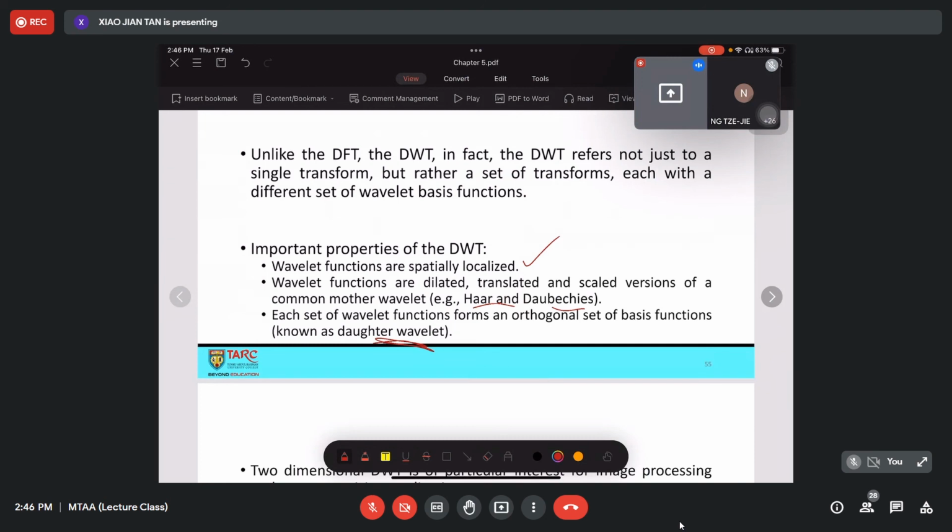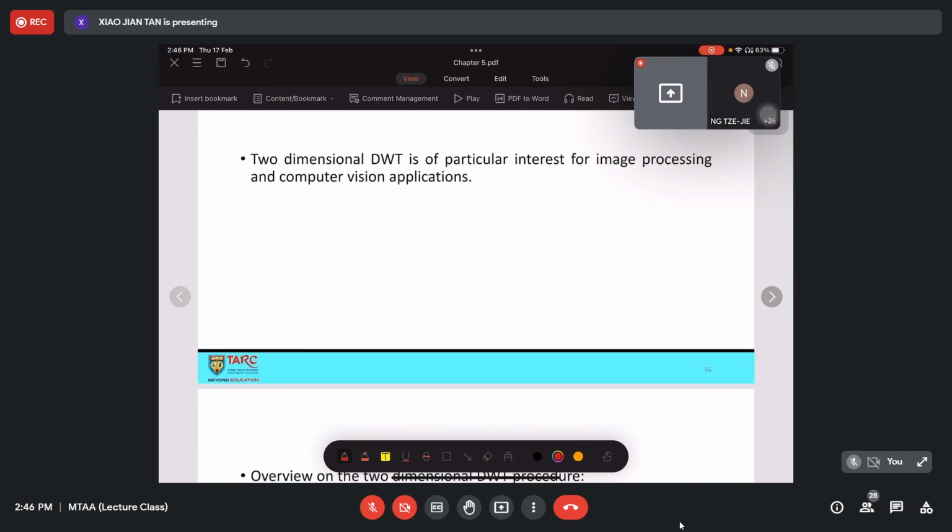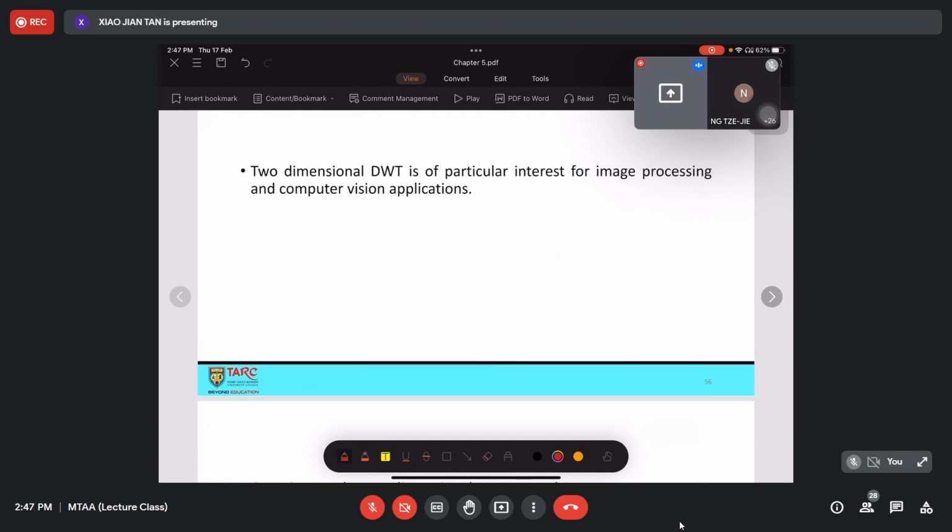Basically, you need a mother wavelet and then you form a daughter wavelet, from something dominant and then from a subset of it. The two-dimensional DWT is of particular interest in image processing. As usual in image processing, we always deal with two dimensions.